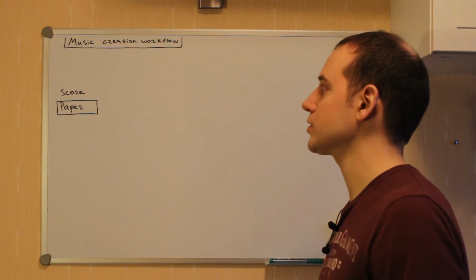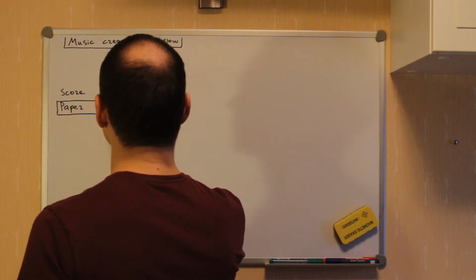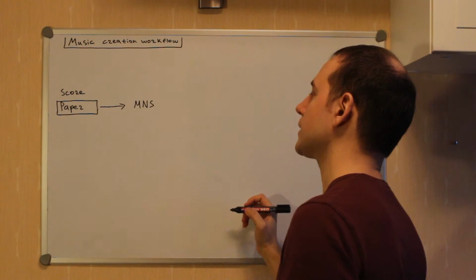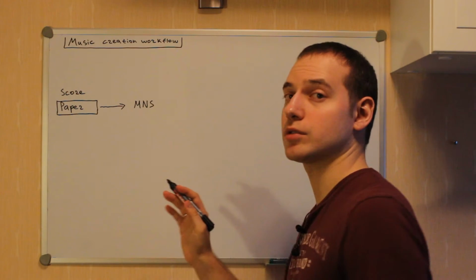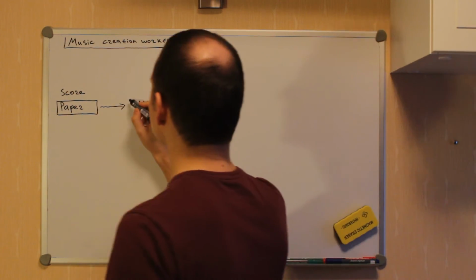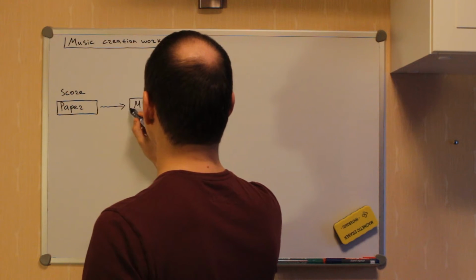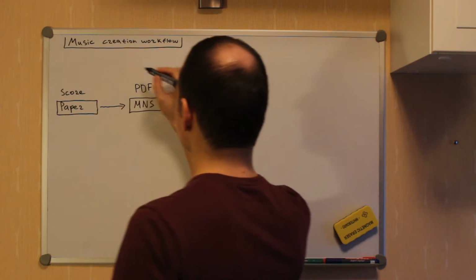So first of all, the score on the paper is created, then it is usually imported into music notation software. And in this software, the music usually lives, of course, in the form of some internal format, but it can be exported in the format of PDF, visual, and also like MIDI.